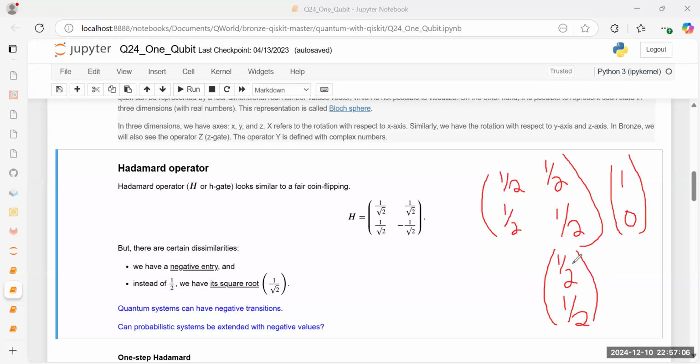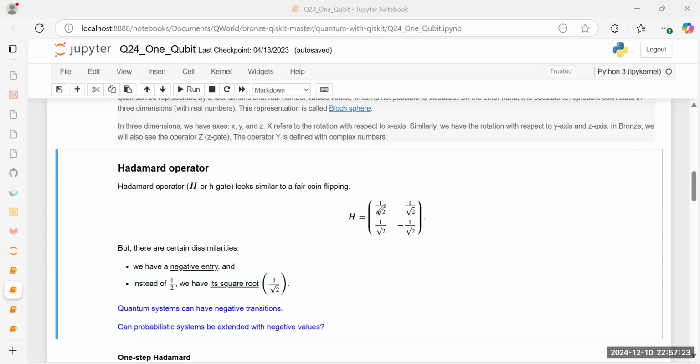This is the probability that it lands on head, and this is the probability that it lands on tail. This is what we described when we were looking at our probabilistic operators and probabilistic states for a fair coin toss. But if you look here, we have something different.